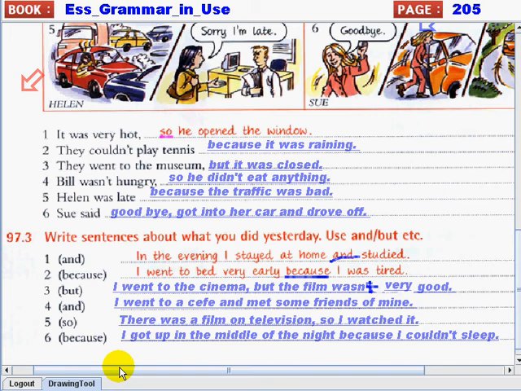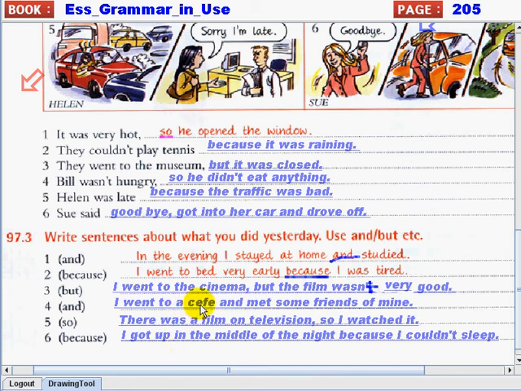They're in the past. Now let's have number 3 as an example. I went to the cinema, but the film wasn't very good. I went to a cafe and met a friend, or I met some friends of mine.